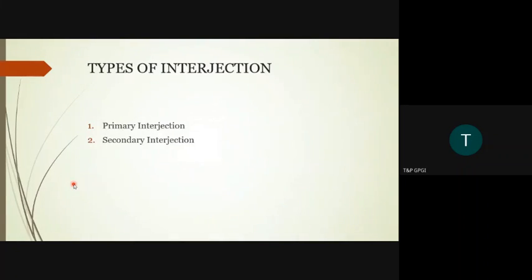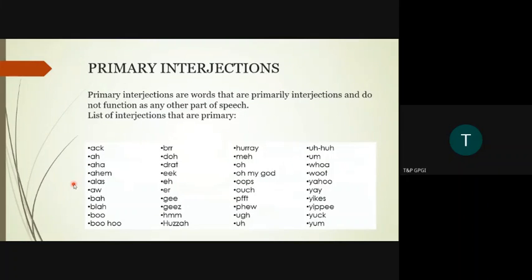All right then. Moving on to the types of interjection. These are the basic types: primary interjection and secondary interjection. Primary interjections are words that are primarily interjections and do not function as any other part of speech. It goes as ah or aha. Usually people say it when they want to get attention: okay, I'm going to say something, so listen to me.